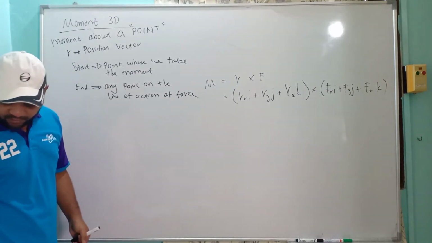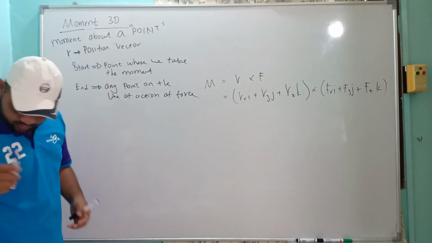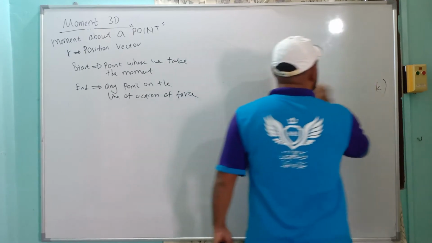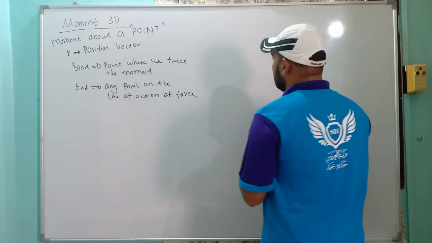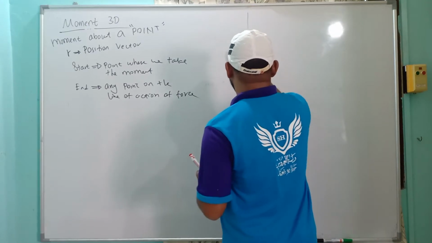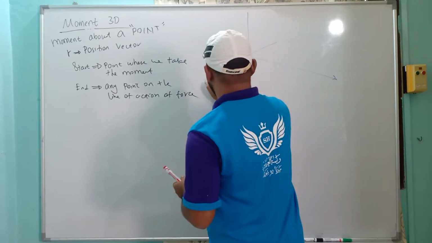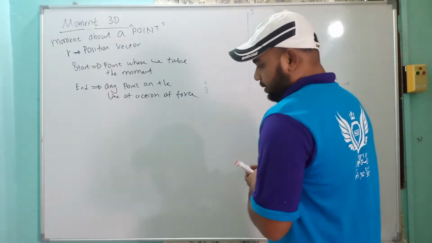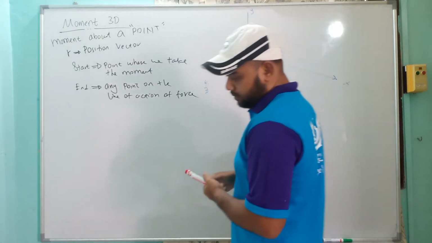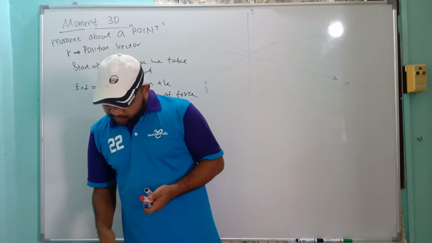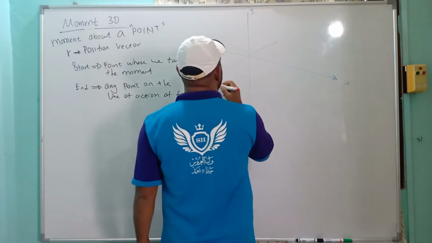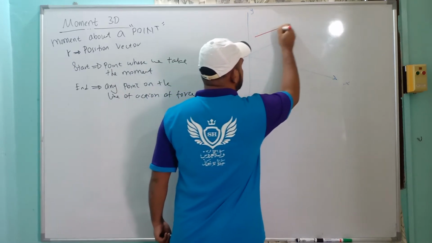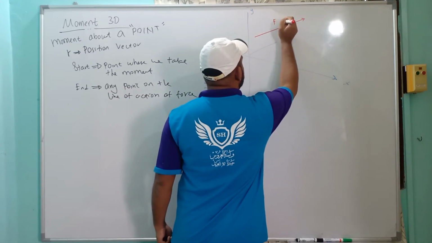So, for example, let me draw Z, X, and Y, and then a point A and one force F1.